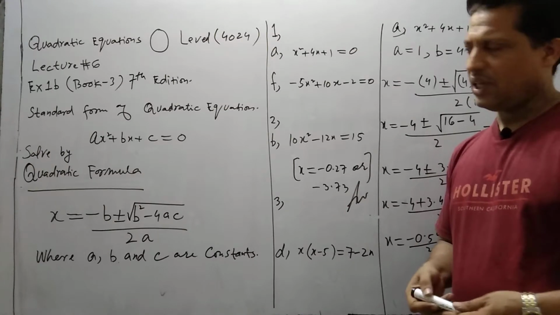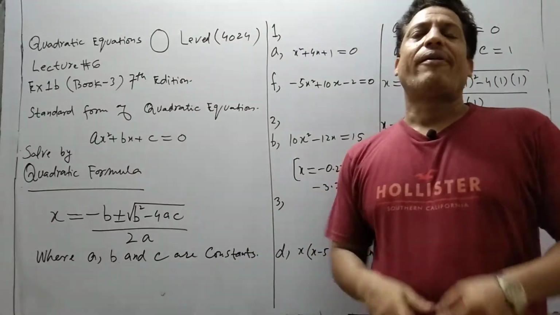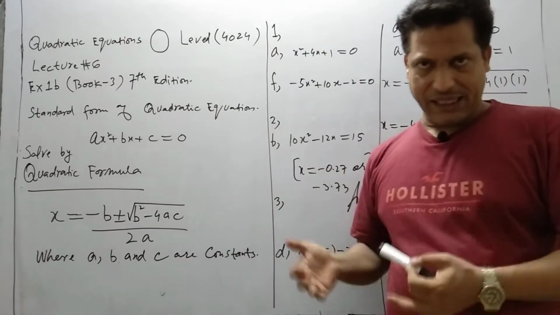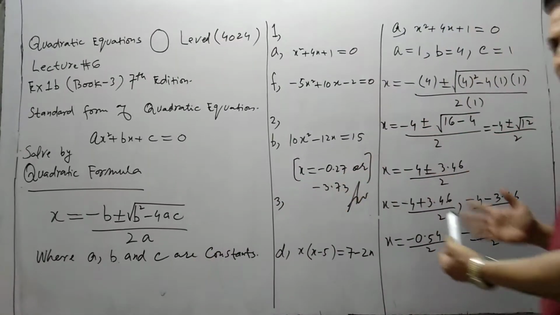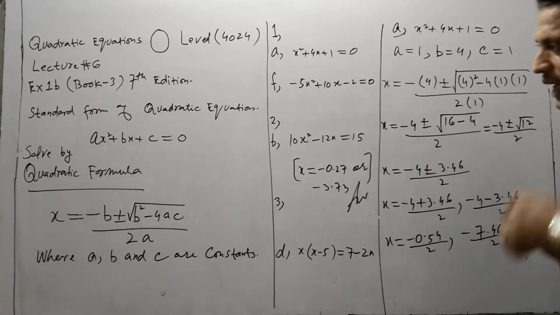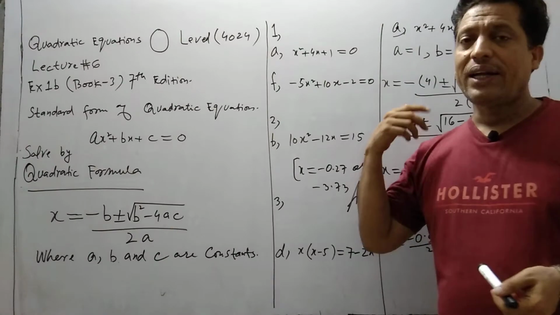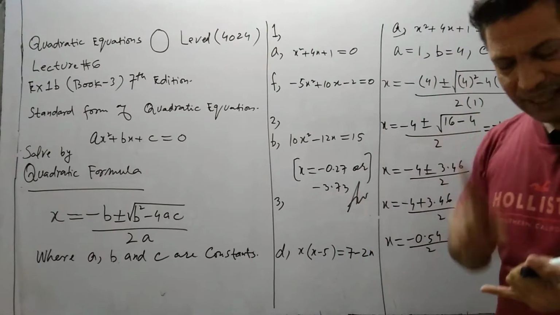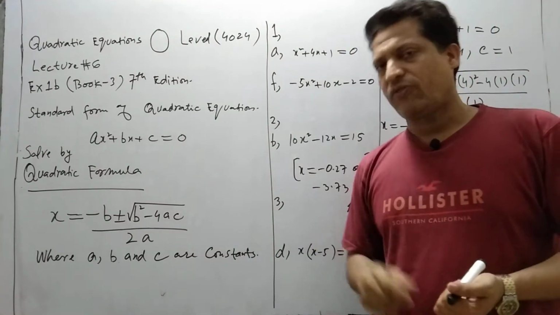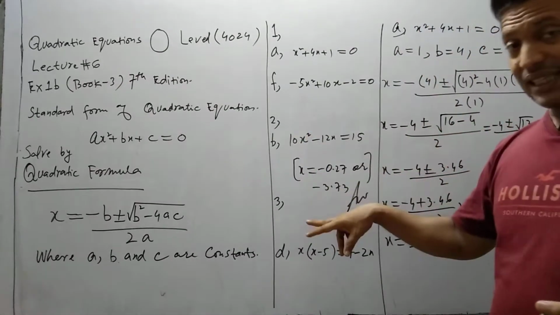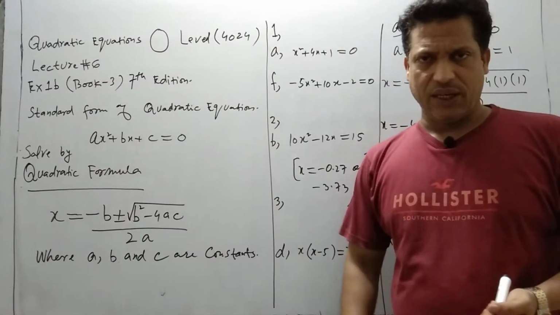Very easy. Just remember this formula, write down the value of a, b and c, put in this formula to get the answer. And again, what I told you in method of factorization, in method of completing square, and this, the method of quadratic formula.